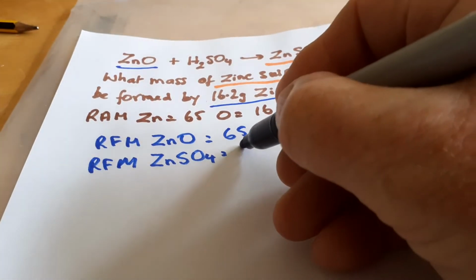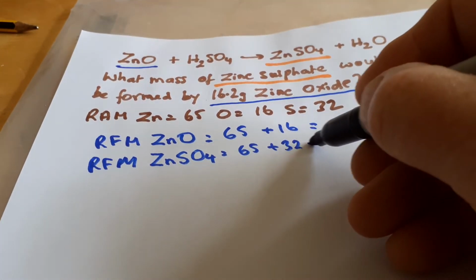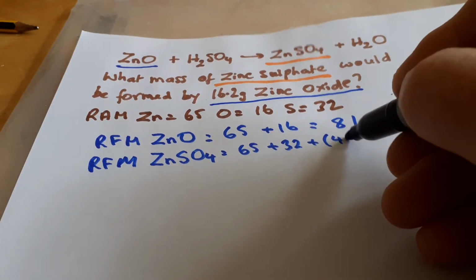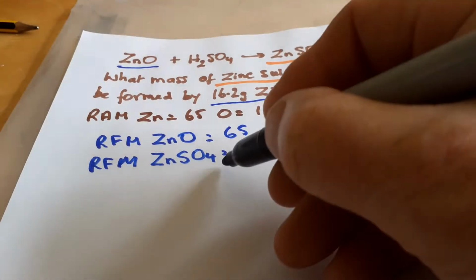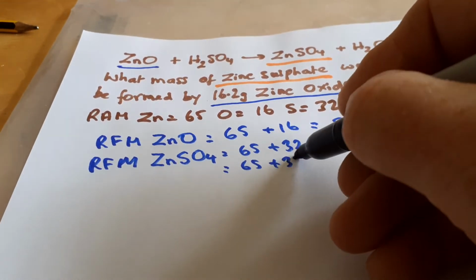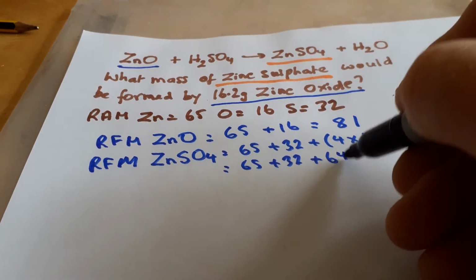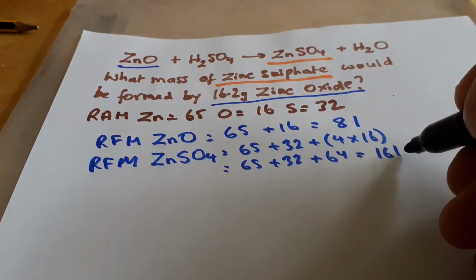So zinc is 65, sulfur is 32, and we've got 4 lots of oxygen, which will come to 65 plus 32 plus 64, and that will come to 161 grams.